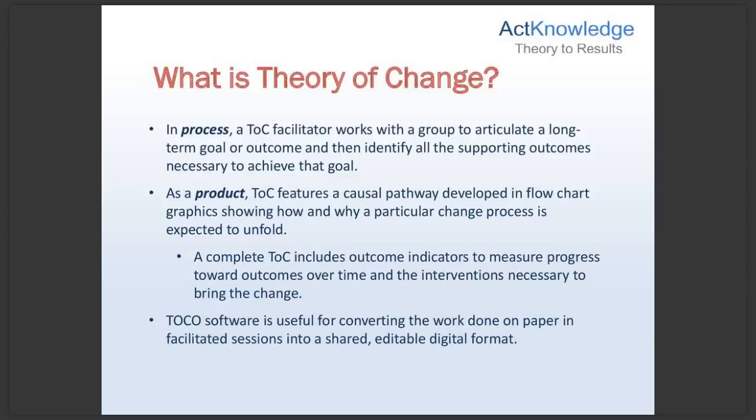And a complete theory of change includes a number of other components beyond the graphic, including outcome indicators, which allow you to measure progress towards outcomes, and the interventions necessary to bring the change.